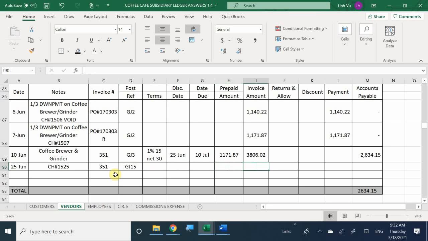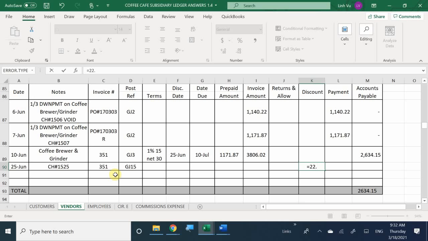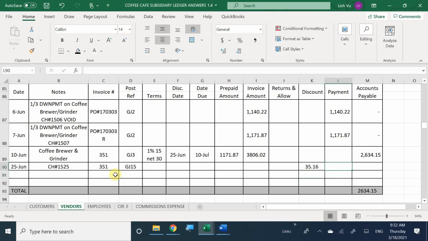This is where you can plug in the discount, because the original invoice amount was 2634.15. So here my discount was 22.66 plus 12.50, and then we also had the payment of 2598.99.